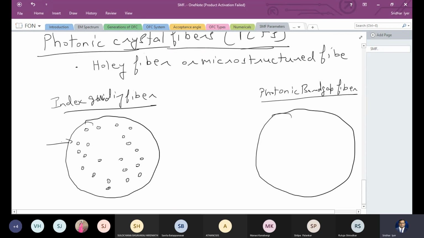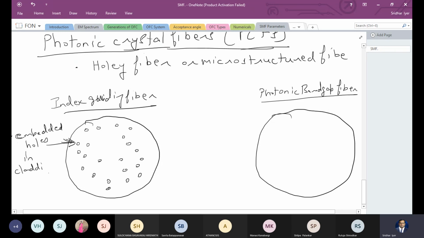So these holes here, these are embedded holes in cladding, and the gap here is basically the solid high index core, and you could also have a buffer surrounding this optical fiber.